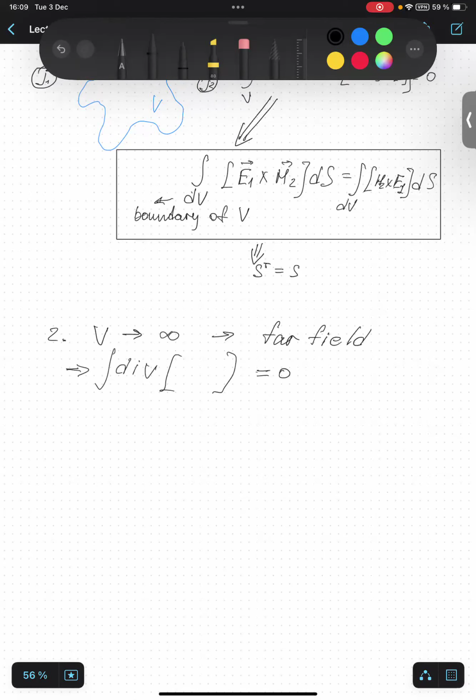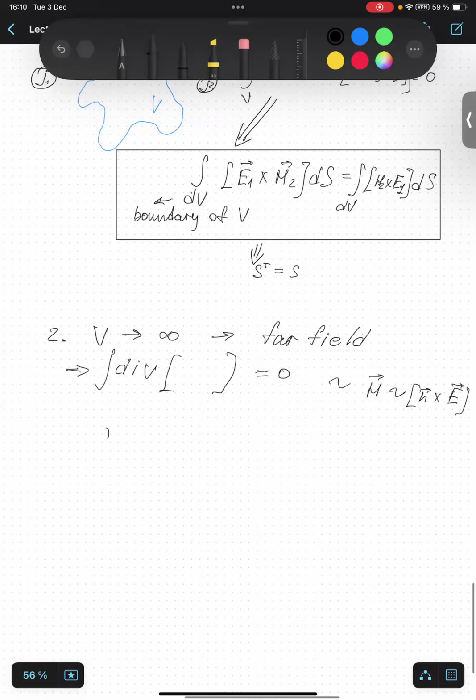It is simply because in this case the magnetic field is just proportional to the cross product of the normal vector and E. So the divergence will be 0 in this case.